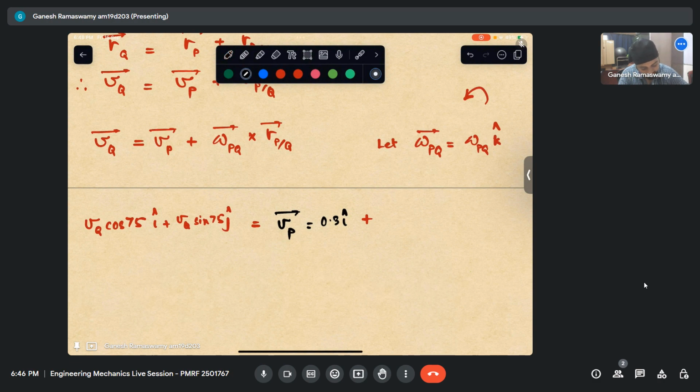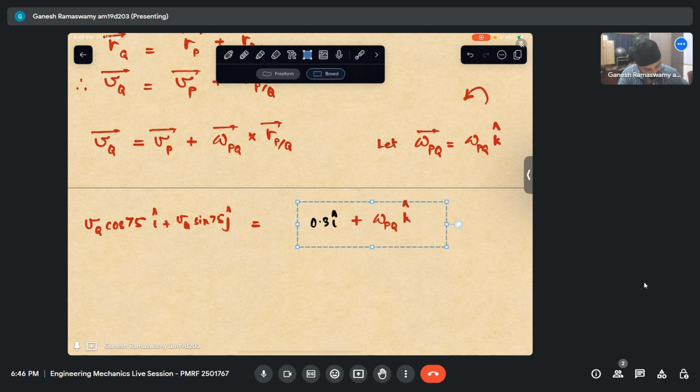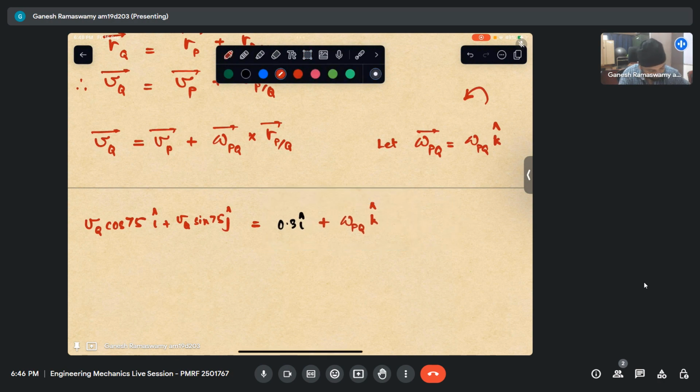So this gives me omega_PQ k cap plus omega_PQ k cap cross R_P with respect to Q. This is the vector.